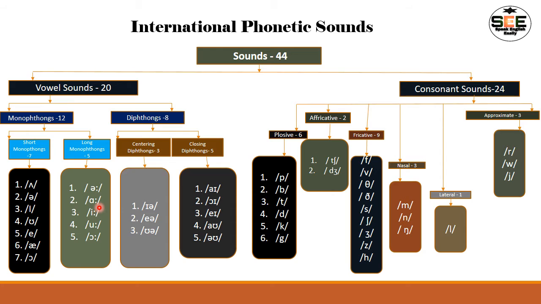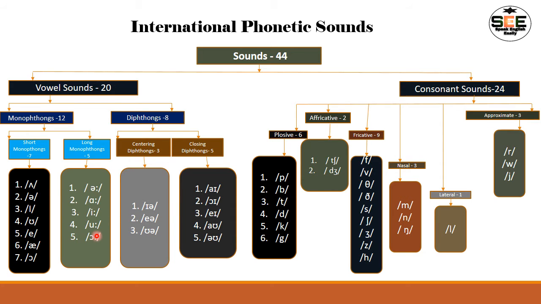Number three, it is small i and then colon, so it indicates the long e sound. It means more than one e, two or three times e in this way. Here, if you see, it is single e, means straight.